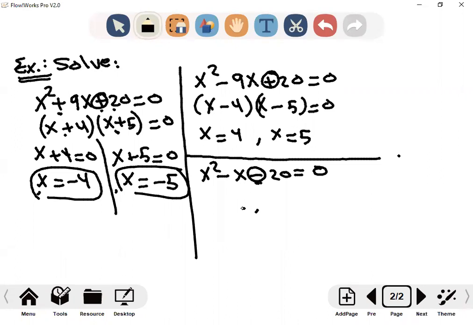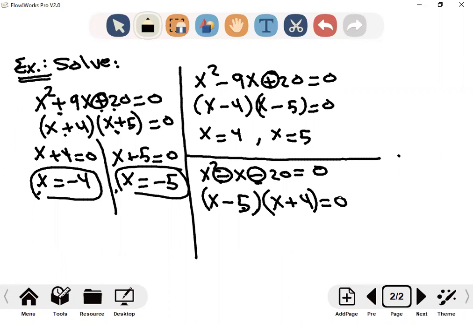Where will I give the positive and where the negative? The sign beside x always goes to the bigger number. We chose 4 and 5; the bigger is 5, so 5 takes the negative: x minus 5, and the opposite sign for the smaller.